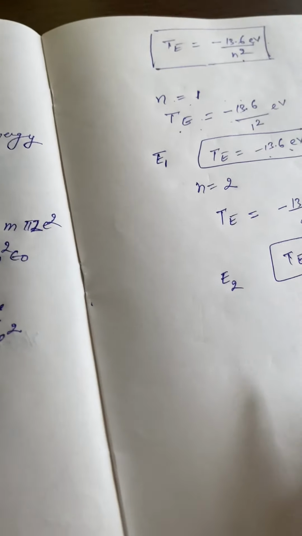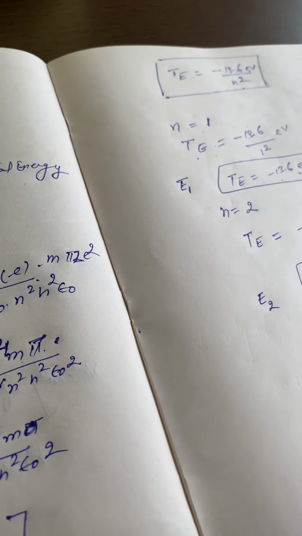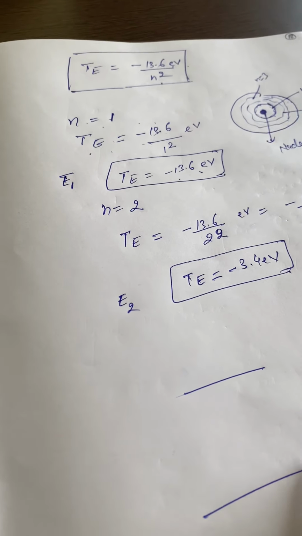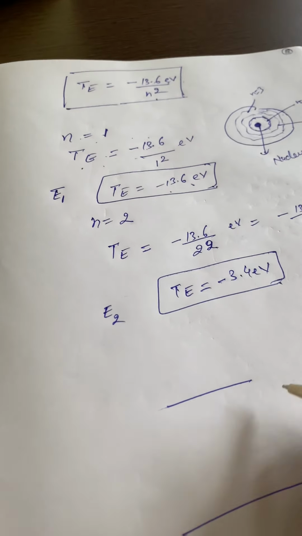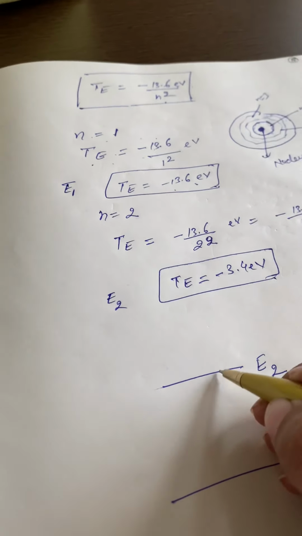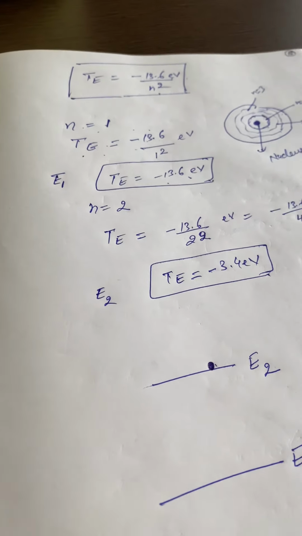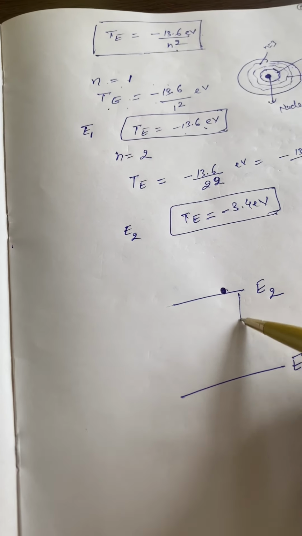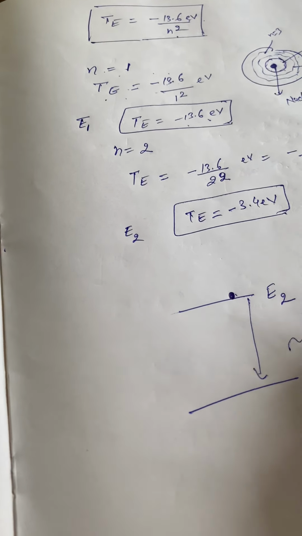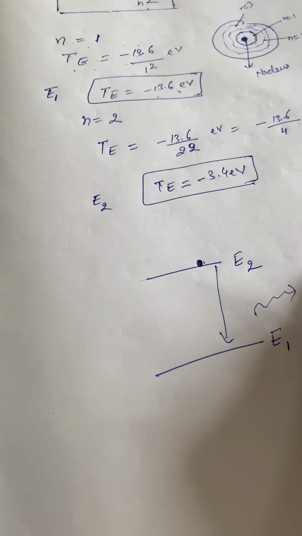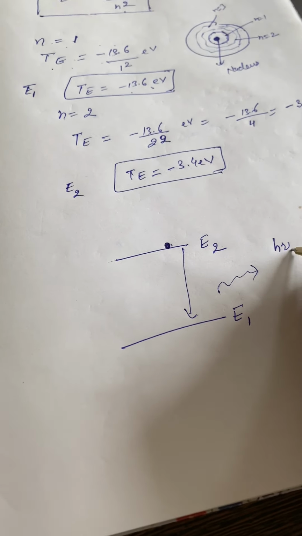Like if we have two energy levels, E1 and E2, and there is an electron in the excited state, or we can say in the higher energy state, and this electron makes a transition to the lower state, then it will give out a photon. There is an emission of a photon having energy equal to h nu, where nu is the frequency of that photon.